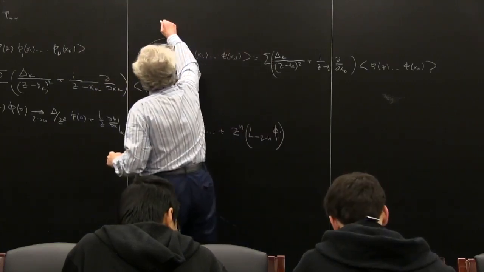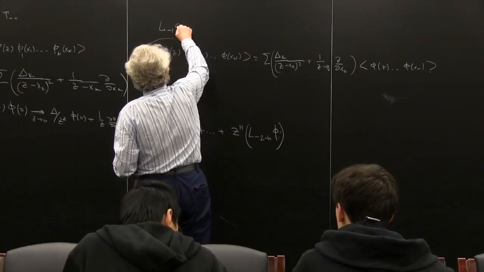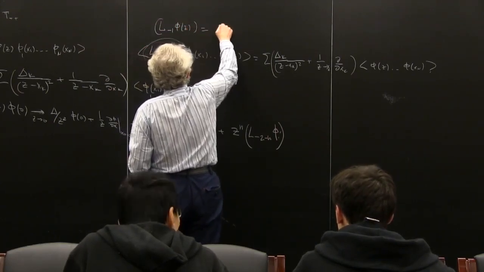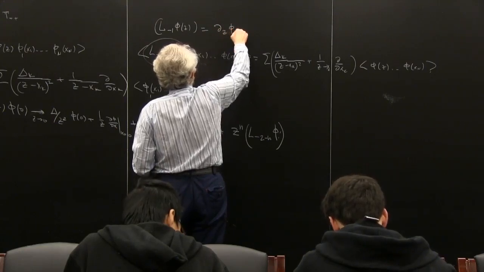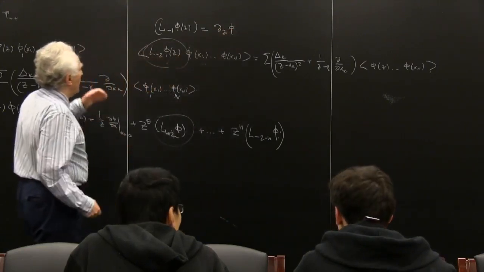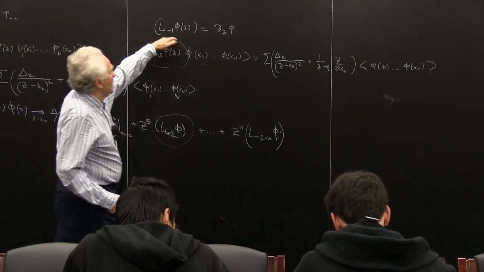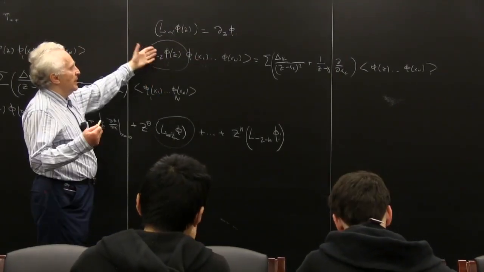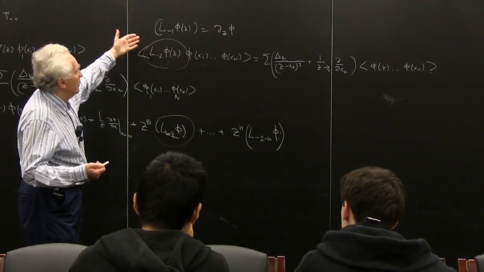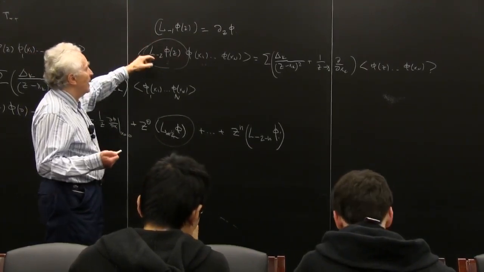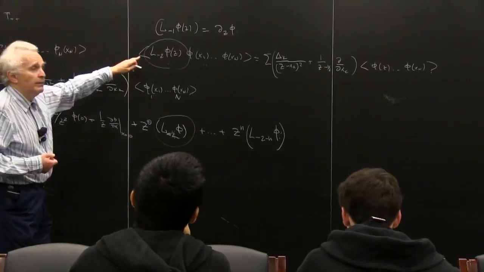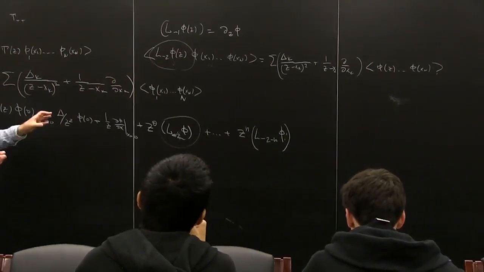For instance, L minus 1 phi, we noticed, is by definition d_z phi, and so it is expressible in terms of phi. One might think this should be something like a second derivative, but no way. The second derivative is L minus 1 squared, and it's different in general from L minus 2.